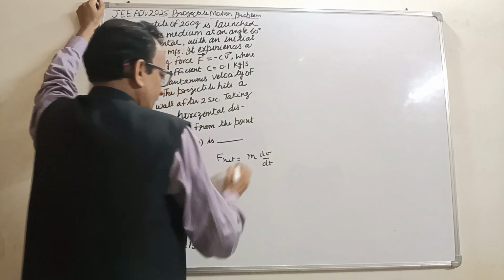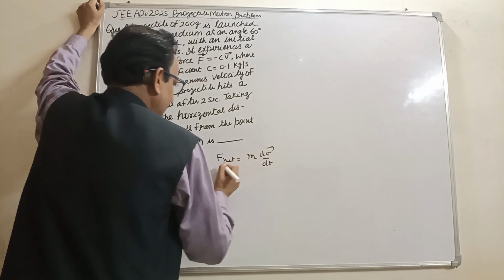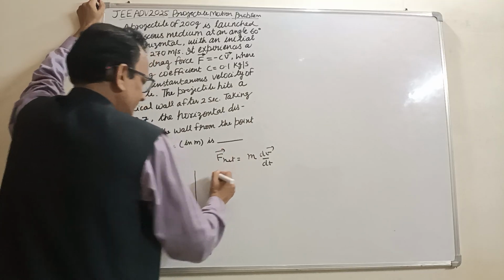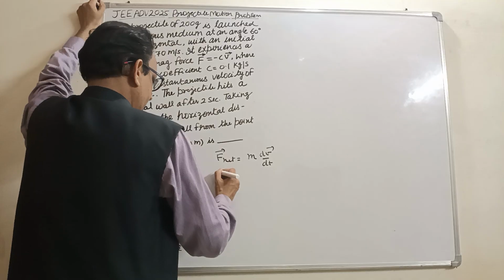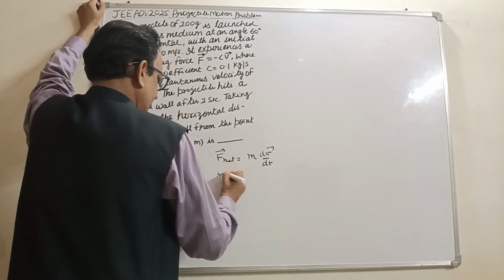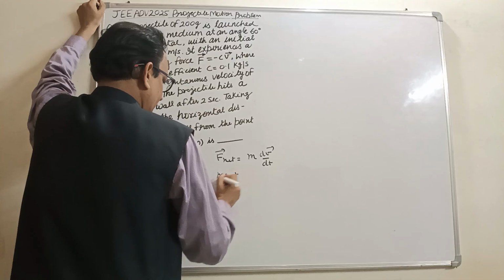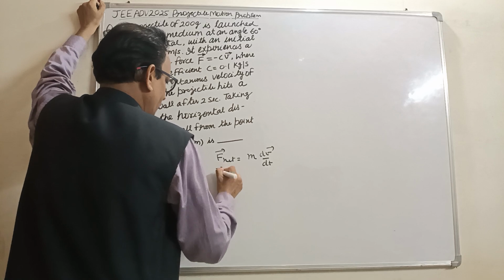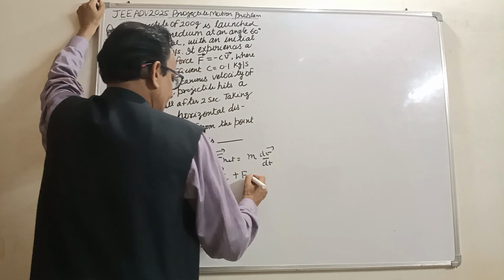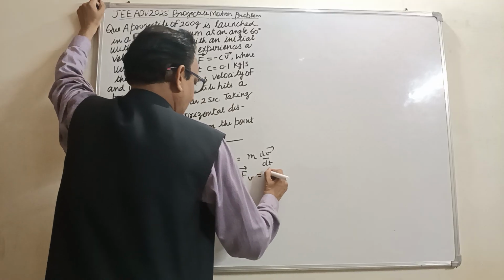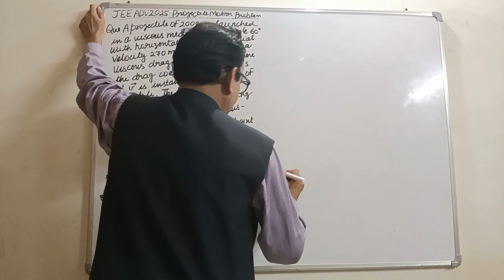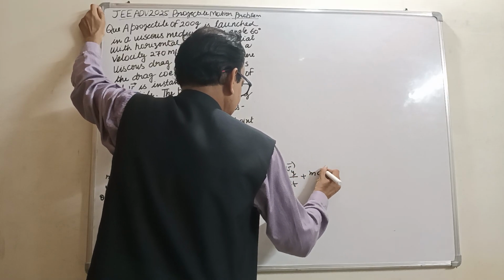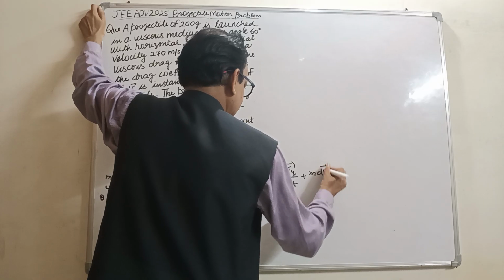F net would be mg, the gravitational force Fg, plus the viscous force Fv. So we write m dvy over dt plus m dvx over dt.